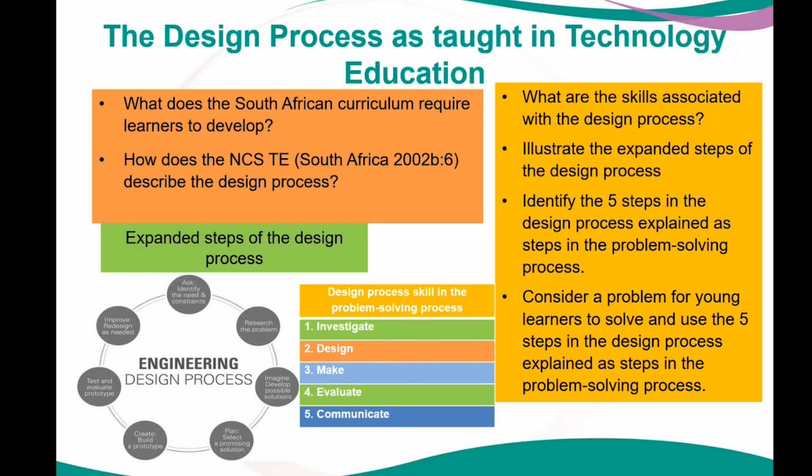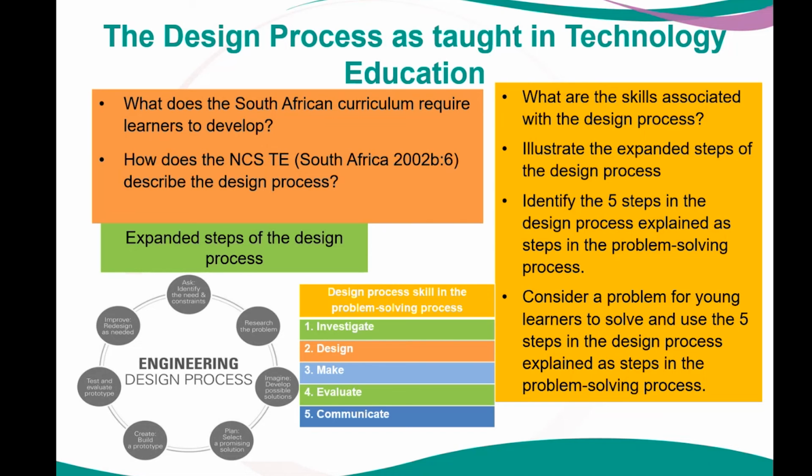Plan is selecting a promising solution, building a prototype, testing and evaluating the prototype, and improving or redesigning as needed. So you're going to go through these steps, and you're going to have to understand the section that is very detailed in Table 4.1.